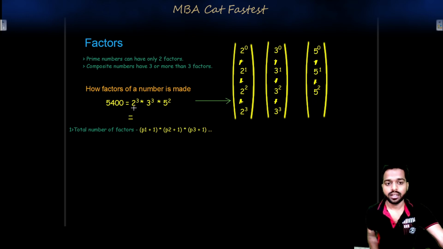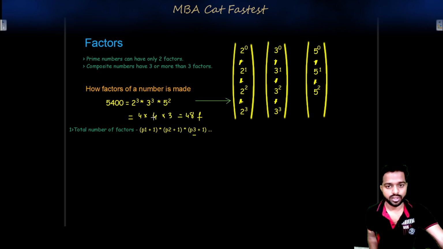Here 3 is the power of 2, so you add plus 1 and it becomes 4. For 3 also it becomes 4, and for 5, 2 plus 1 as per the formula, it becomes 3. You multiply these and you get the value 48, so you get 48 factors as the answer.